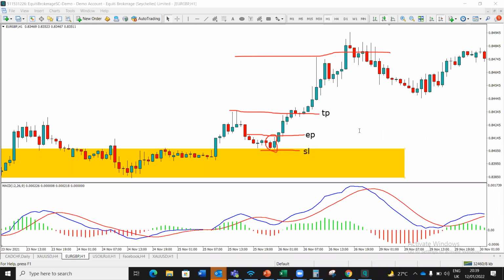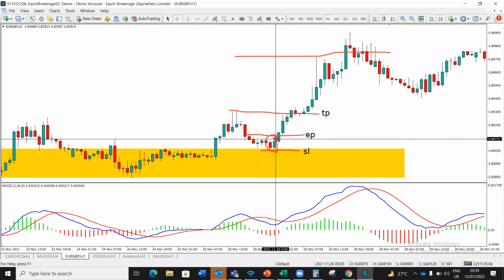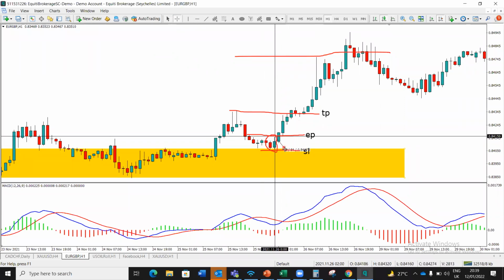All right, now if you had actually taken a trade like that, watch this, that you enter the market here and then you put your stop loss here. This is 10 pips. So you're risking 10 pips to get 16 pips.